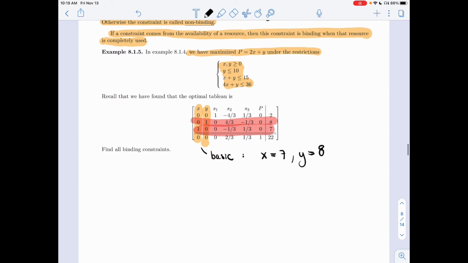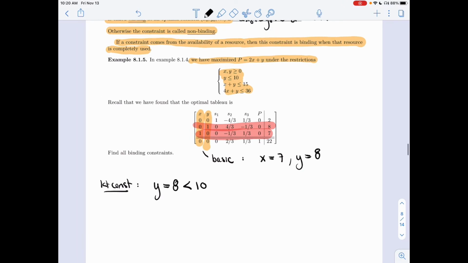All right, so let's compute them all. So y equals 8. That's the first constraint. That's strictly less than 10, so it is a non-binding constraint.